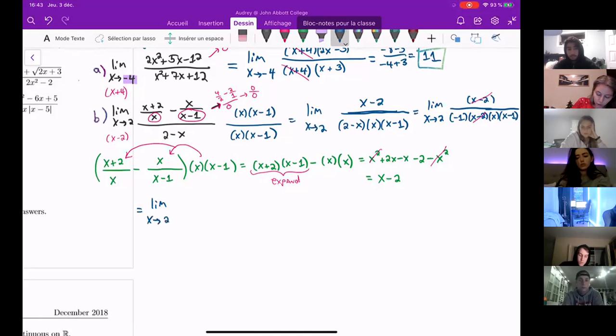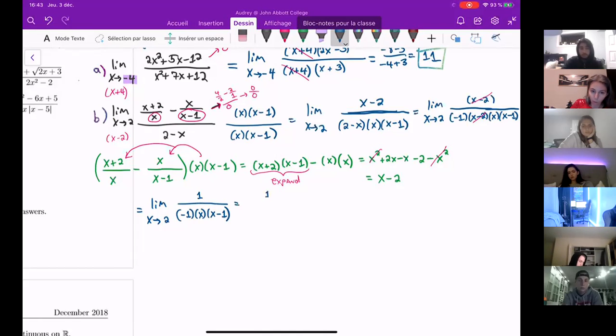So x approaches 2, I don't have anything left on top, which means that I have a 1 there. And then in the denominator, I have -1 times x minus 1. I canceled out those x minus 2's. So now when I plug in 2, I have a 1 on top, I have a -1 down here, I have 2, and then I have 2 minus 1, which ultimately results in -1/2.